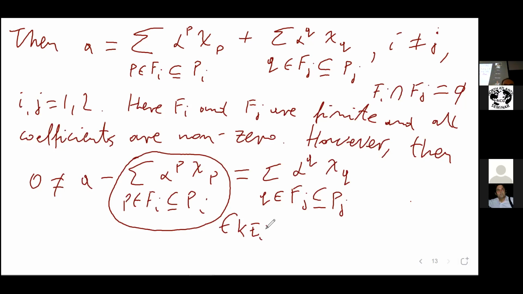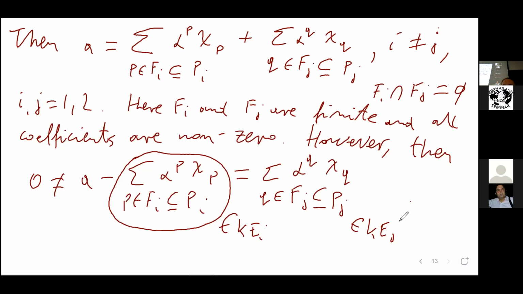Okay, so then this is a non-zero element, but of course this is equal to the other sum, which is entirely in KEJ. But better still, we assumed that A is not in KEI, but we assumed it is in AI. So this first term here, the difference of two elements, is in AI by assumption, because KEI is contained in AI and A is by assumption in AI.